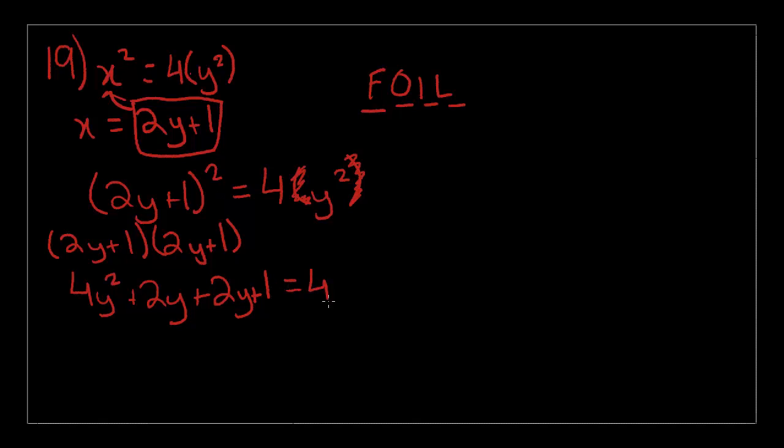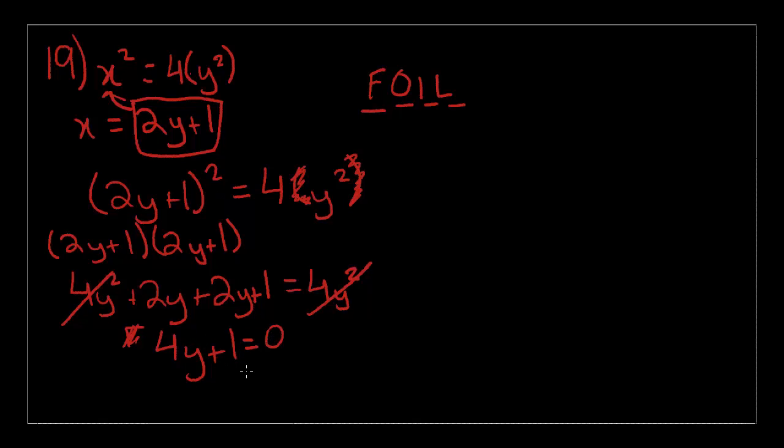This is equal to 4y squared plus 4y plus 1. I believe I'm doing it correct. So now we shall cancel out the 4y squared on both sides, because we don't need them. So 4y plus 1 is equal to 0.